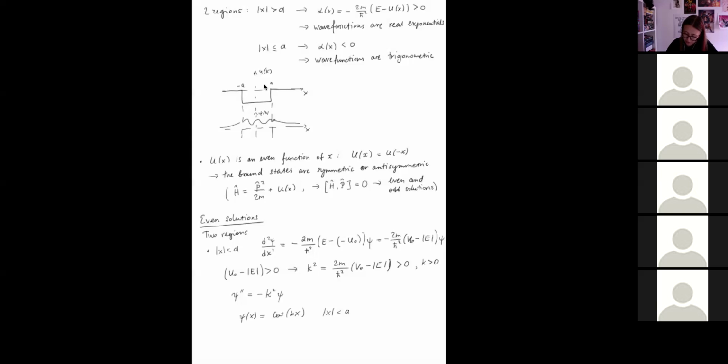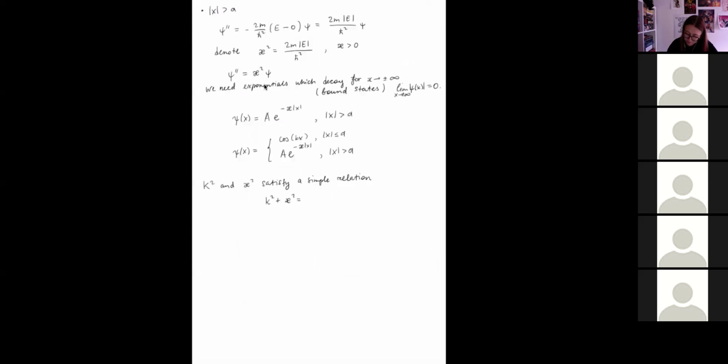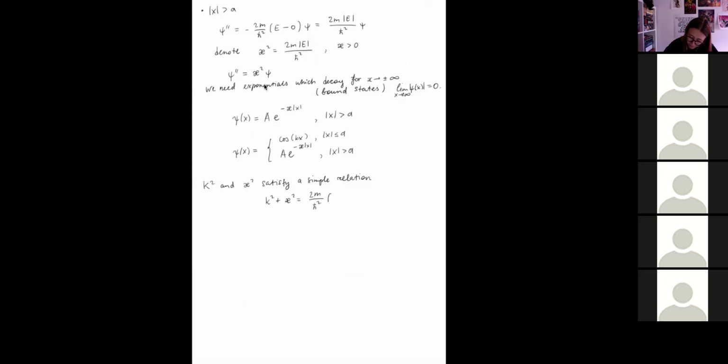So coming back to the definition of k squared, it is just 2m over h bar squared (U0 minus modulus E), and kappa squared is just 2m modulus E over h bar squared. So what we get is 2m U0 over h bar squared.